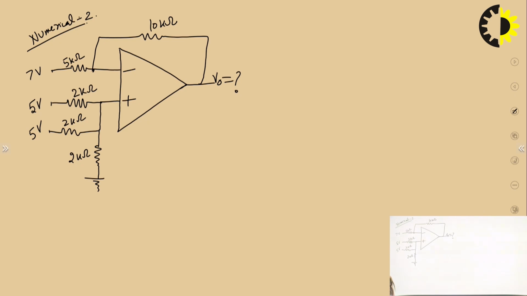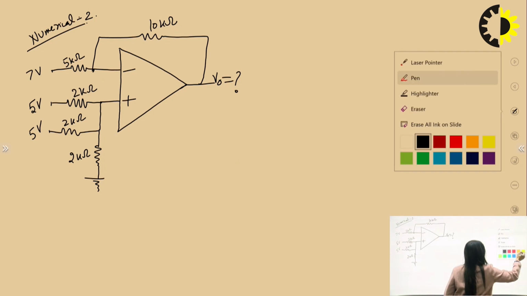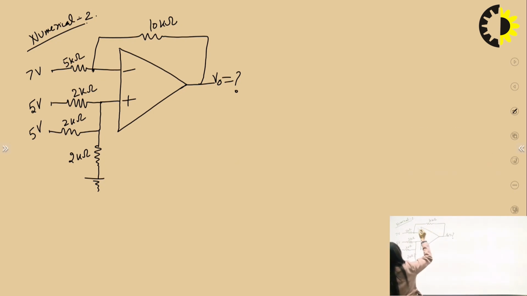Second, the RF, the feedback resistance, whether it is connected to the negative terminal of the Opamp or at the positive terminal of the Opamp, and we can easily see the 10 kilo ohm resistance, which is a feedback resistance, and that is connected to the negative terminal of the Opamp. Here the RF is connected.